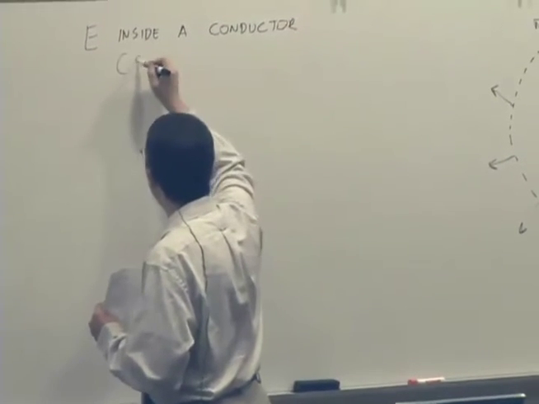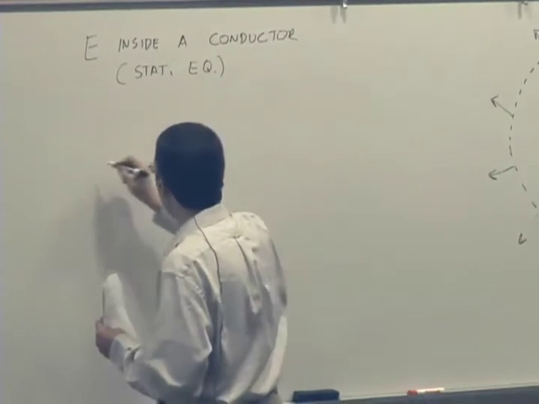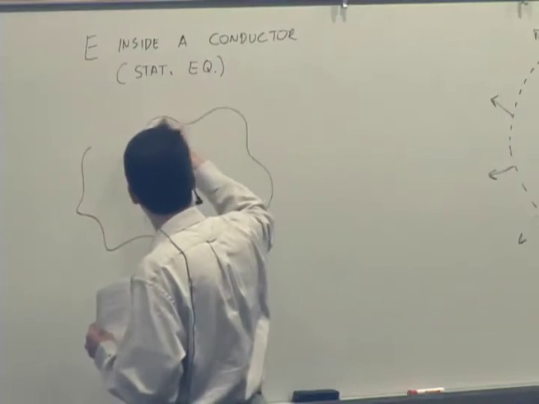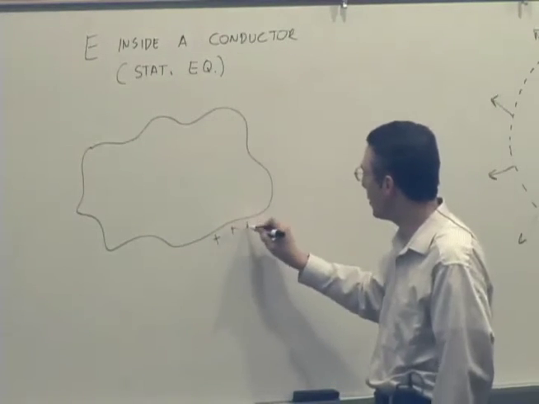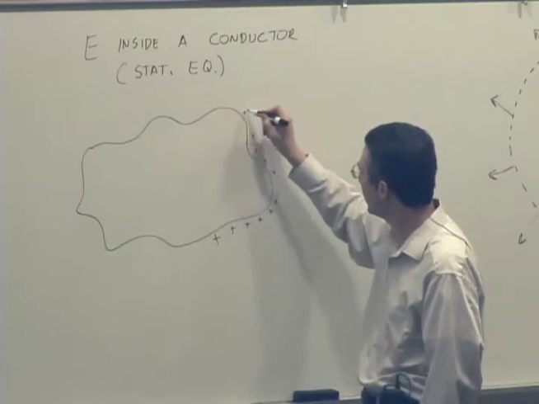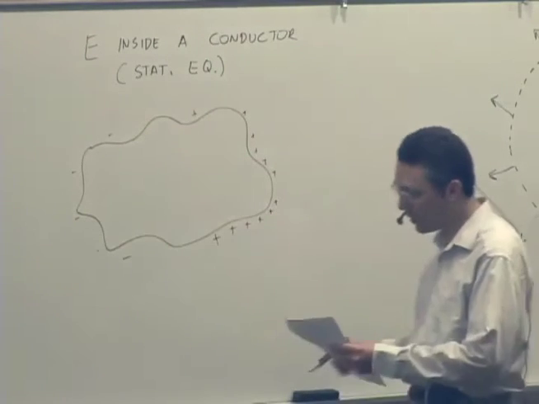And we're dealing with the static equilibrium situation. So here is a piece of metal, and it can be any shape. I don't care. And it can even have some charge on the surface, and maybe even be polarized or something like that.